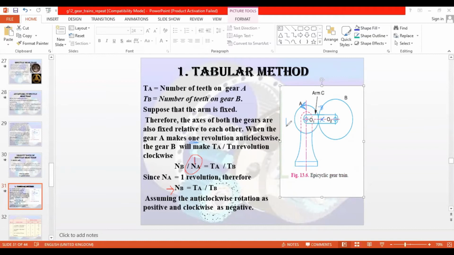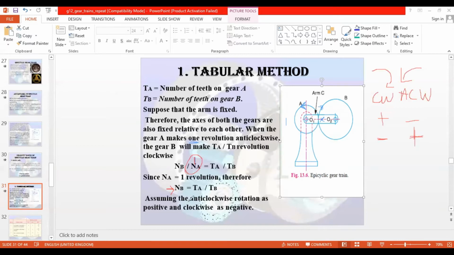So when we put this in the tabular method, if we consider clockwise motion as positive, then we should consider anticlockwise motion as negative. Or if you consider clockwise as negative, then you should consider anticlockwise as positive. This is a must rule in the tabular method, right?